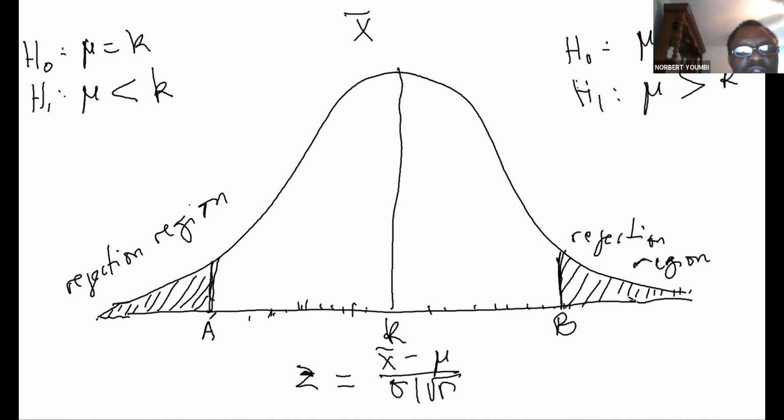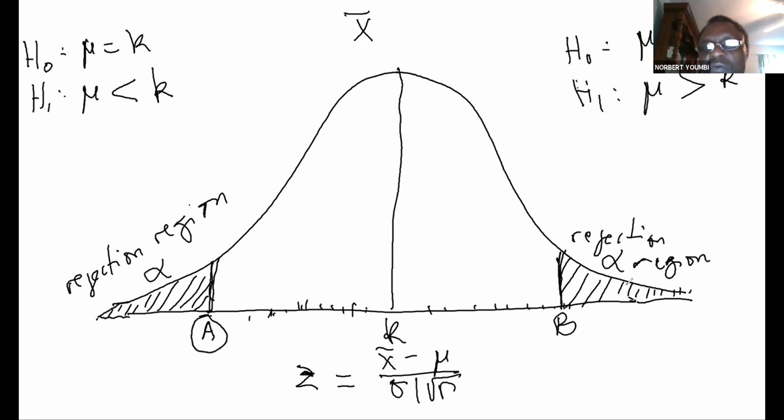And then we are going to use the level of significance alpha to determine the area to the left of alpha for a left tail, then the z value so that the area to the left is alpha, the z value so that the area to the right is alpha.